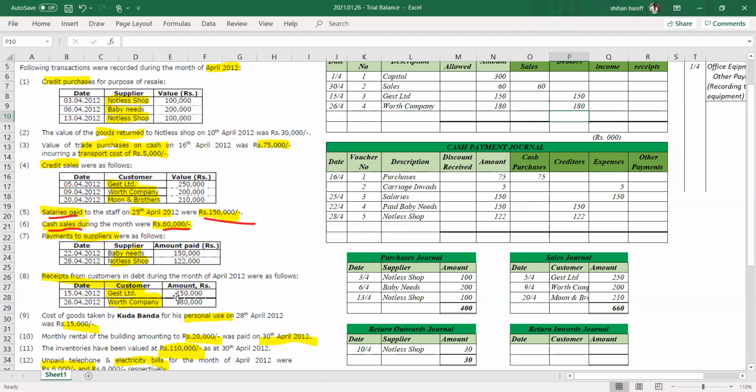Cost of goods taken by Kudabanda for his personal use. Where do you record this? This is drawings. Which prime entry book do you record stock drawings? Tell me. Which prime entry book do you record the stock drawings?